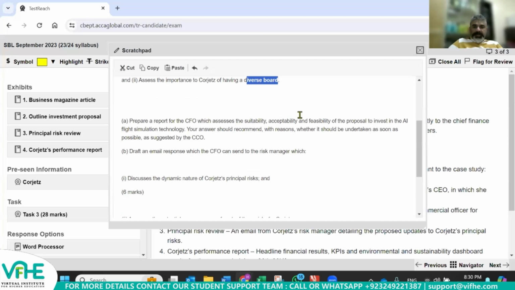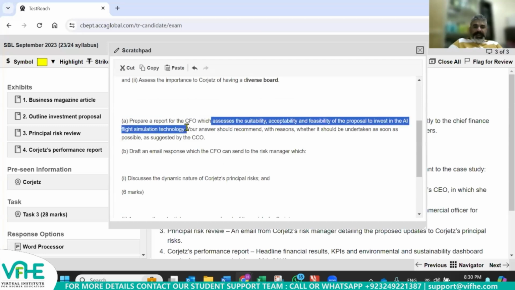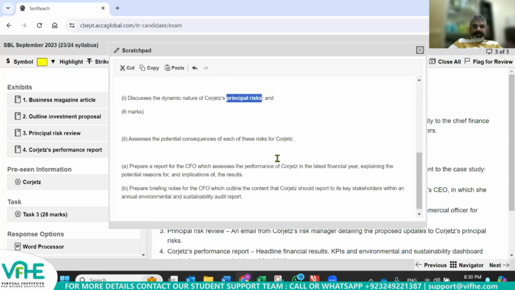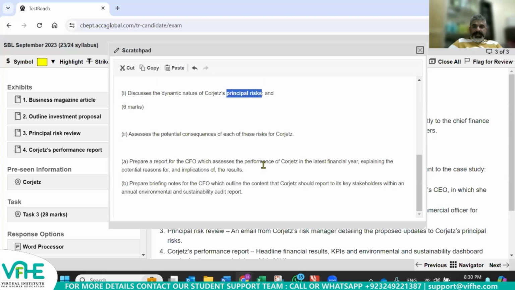Assess the suitability of the proposal to invest in flight simulation technology, principal risks and consequences of each risk, assess the performance in the latest financial year, content to be reported to key stakeholders, environmental and sustainability audit report.